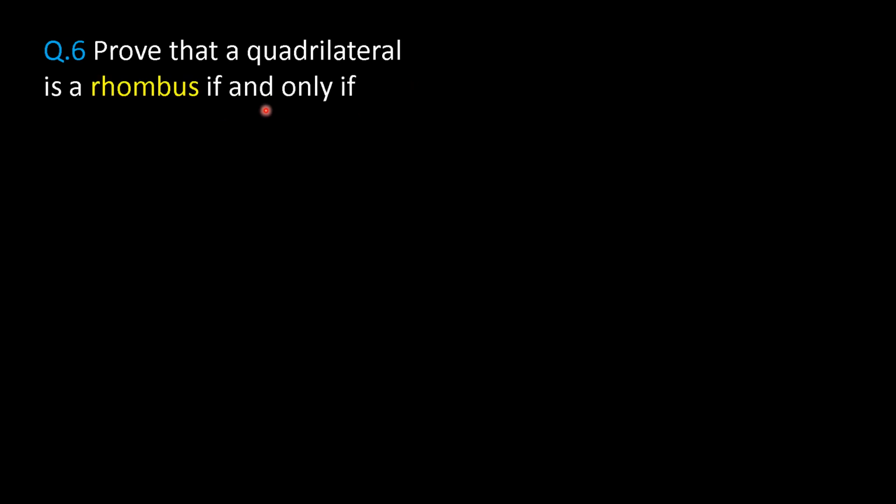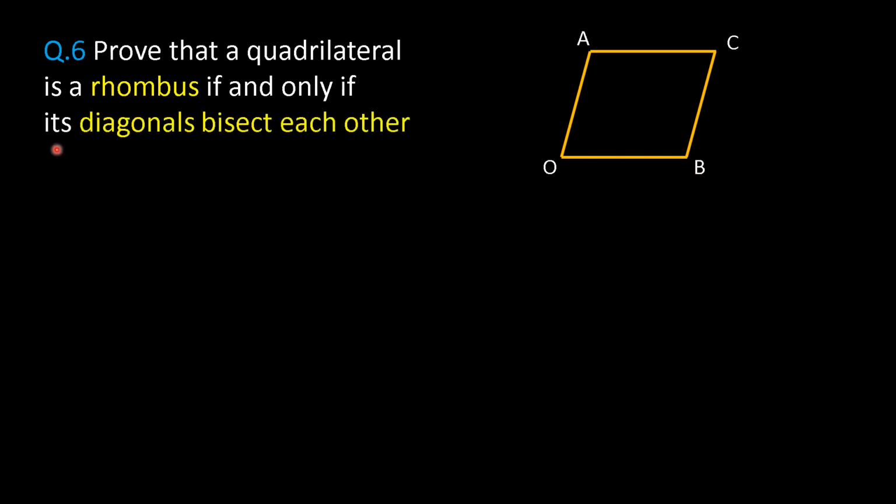In question 6, we have to prove that a quadrilateral is a rhombus if and only if we have a quadrilateral OACB, which we assume to be a rhombus. It will be rhombus if and only if its diagonals bisect each other at right angles.